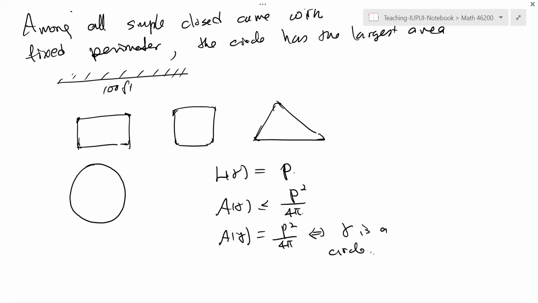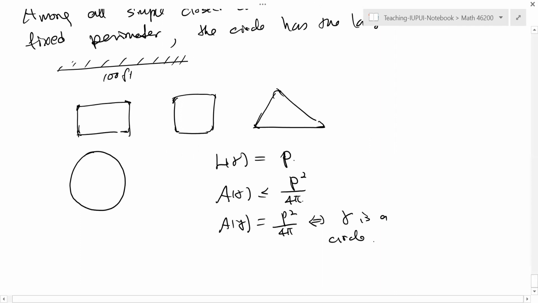And simple closed curves can be very complicated, right? It's not necessarily like rectangles, squares, triangles. For high school students, maybe they can prove that for the same parameter, rectangles and triangles have areas smaller than the area of the circle.